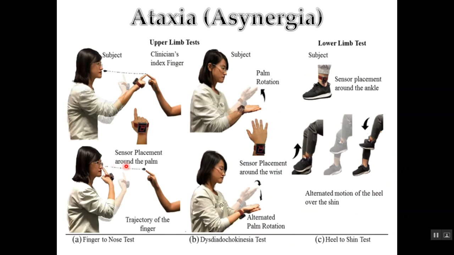What is meant by the finger to nose test? You ask the patient to stretch his forearm out, then bring his finger to touch the nose. The normal person just touches his nose.